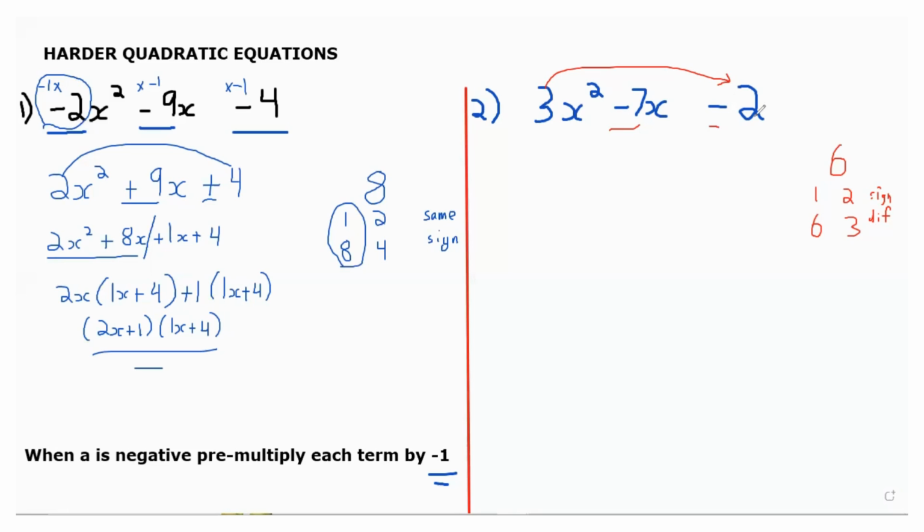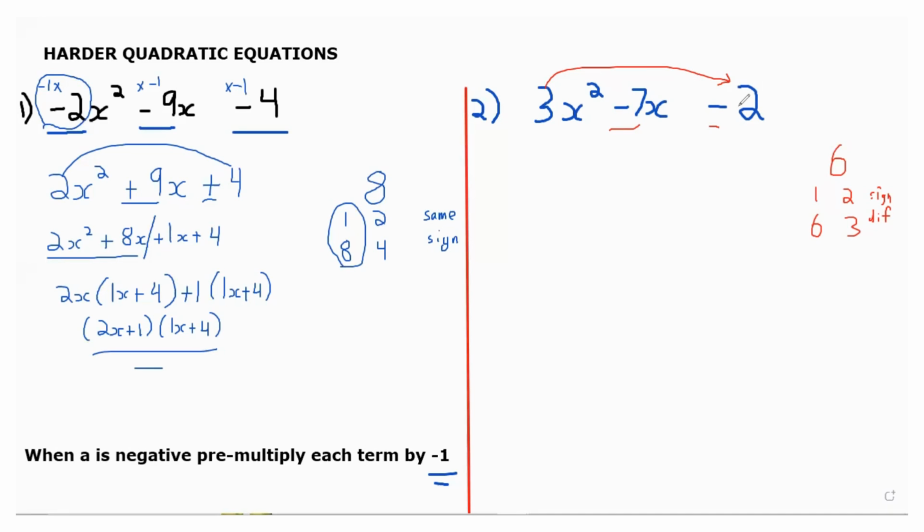Why? Because the signs have to be different because of the negative sign here. Or you might be tempted to put -6 minus 1. Still wouldn't work. Why? Because the signs are the same, and the sign of C is negative. So, trick question. What can I do to this to make it work?